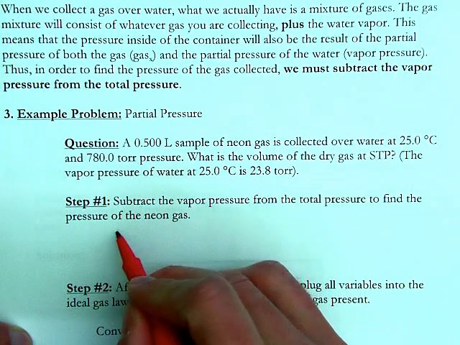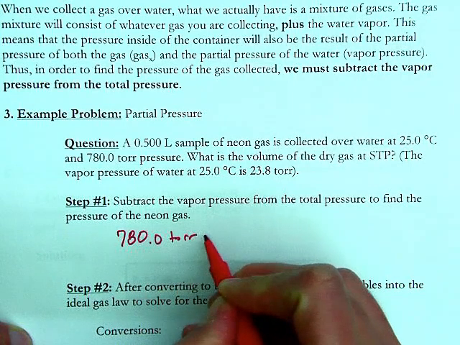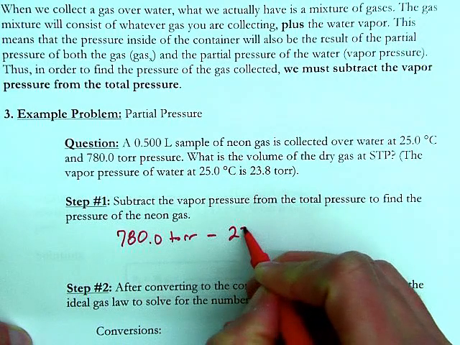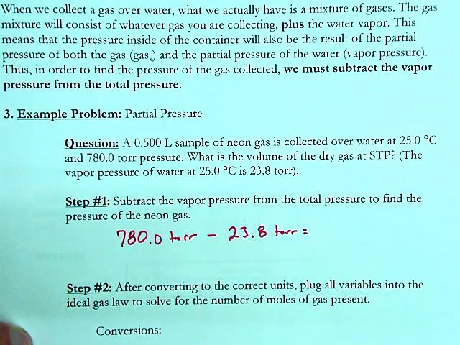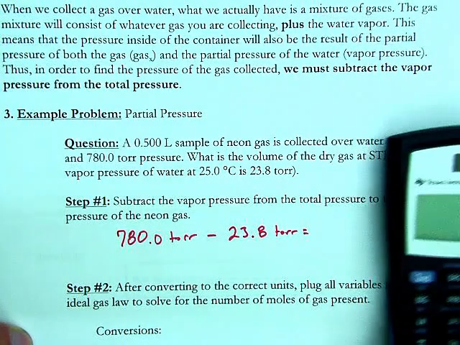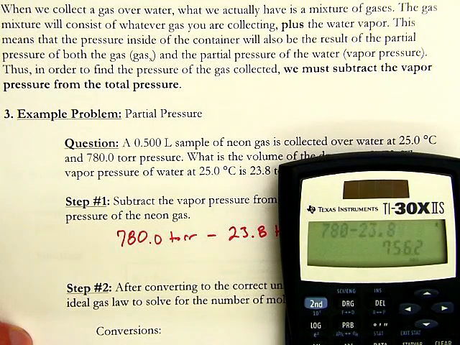So that means we have to take 780 torr and subtract 23.8 torr, and that's going to give us the pressure of our dry gas alone. So 780 minus 23.8, we get 756.2.